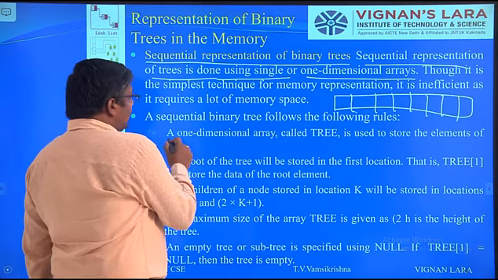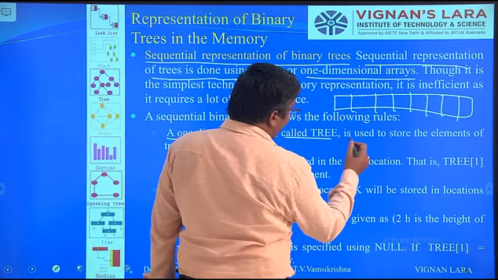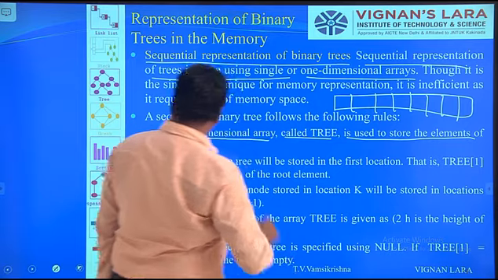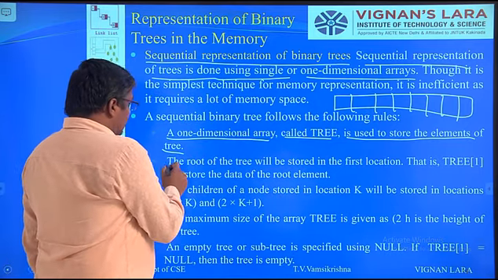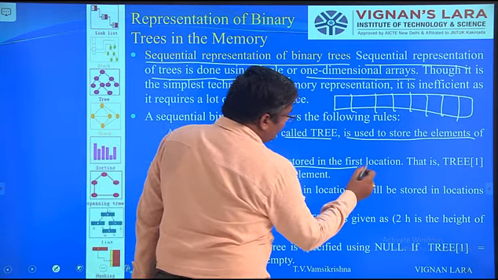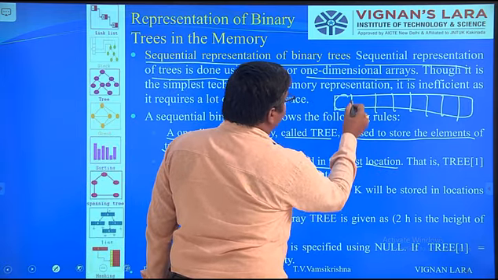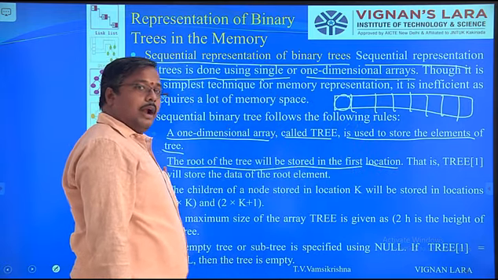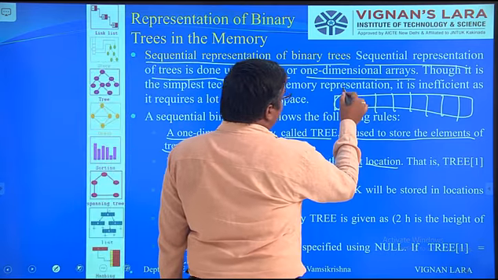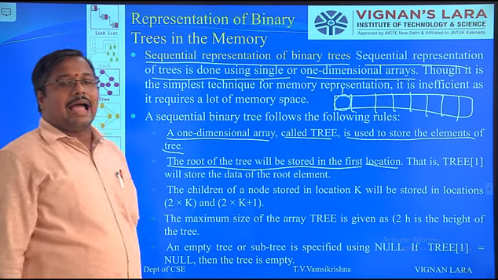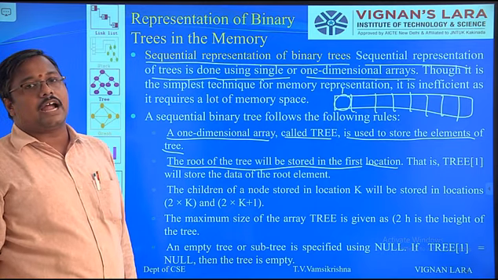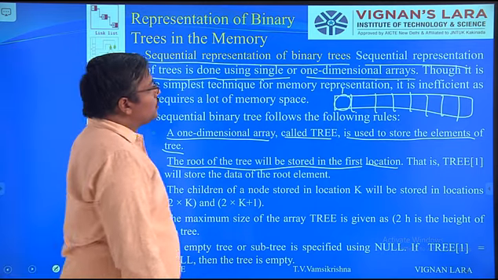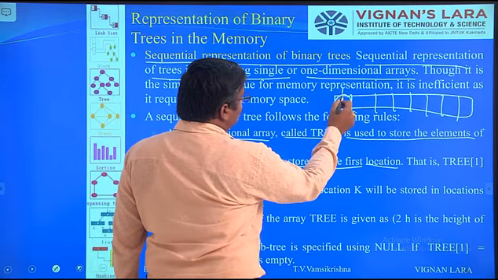The first rule is that a one-dimensional array called tree is used to store the elements of the tree, and the root of the tree will be stored in the first location. The next condition is compulsory: the array index should start from 1. The first location refers to the root node.